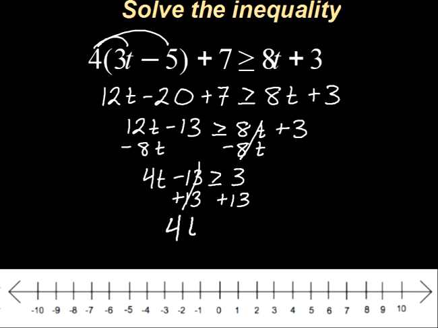We now have that 4t is greater than or equal to 16. I can divide both sides by 4, leaving us that t is greater than or equal to positive 4.